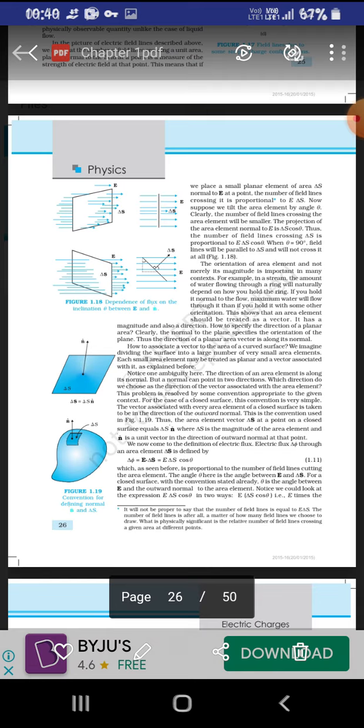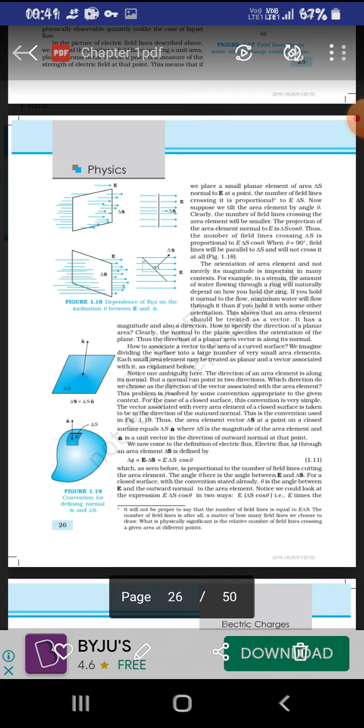If you hold it normal to the flow, maximum water will flow through it, and if you hold it in some other orientation, less will flow. This shows that an area element should be treated as a vector.